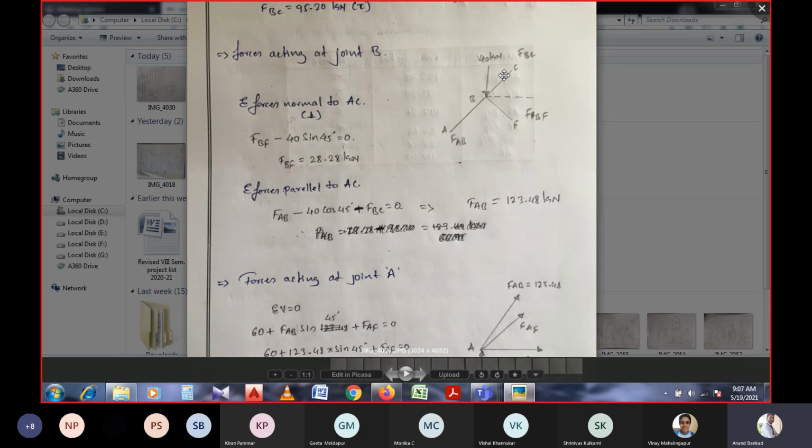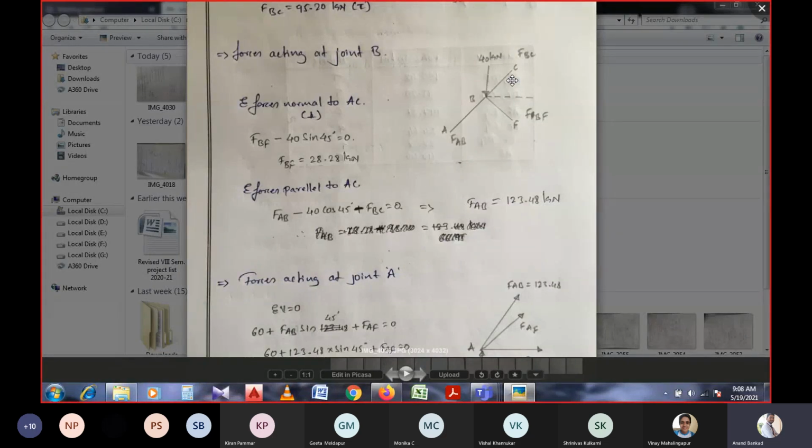For this AC member, what are the normal forces and what are the parallel forces that have to be considered? The normal forces act perpendicular to the member, and parallel forces act towards the axis of the member, that is the central axis of the member.